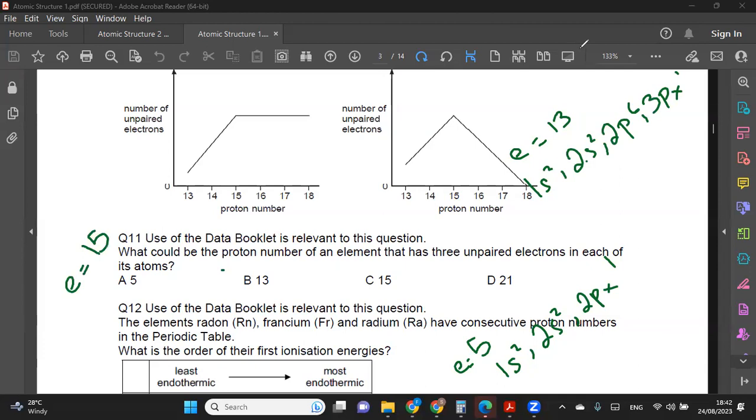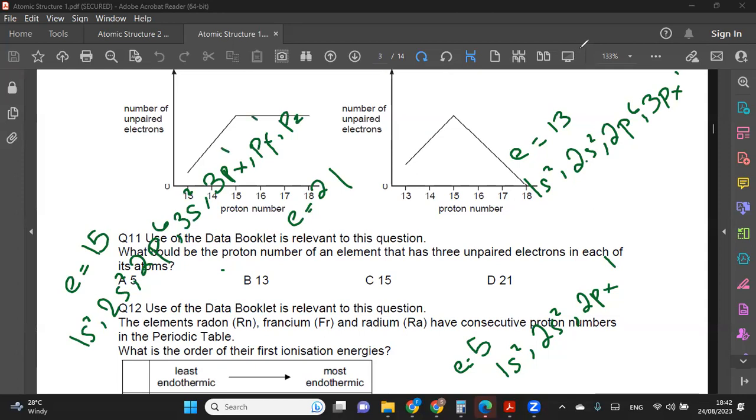So Khadija, quickly, what's the electronic configuration? 1s2, 2s2, and then 2p6, then 3s2, and then 3p3, which is 3px1, 3py1, and 3pz1.